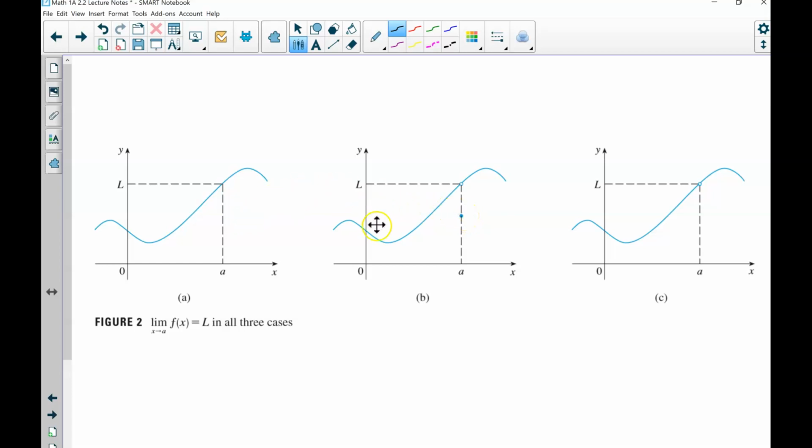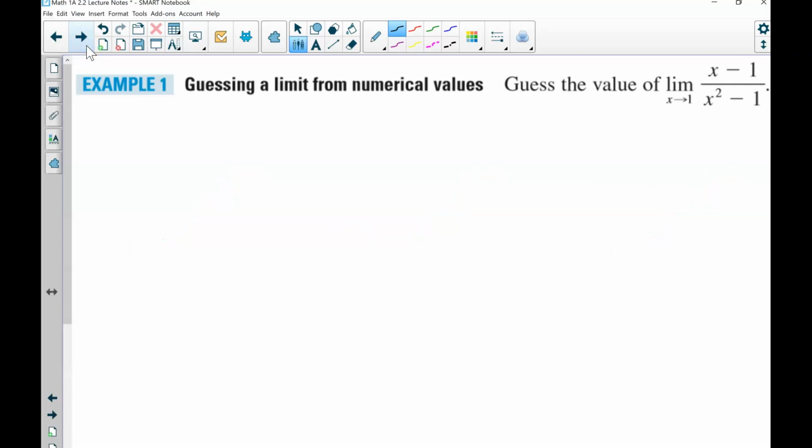But in each of these three cases, regardless of what happens at a, it is true that the limit as x approaches a of that function is going to equal L in all three cases.